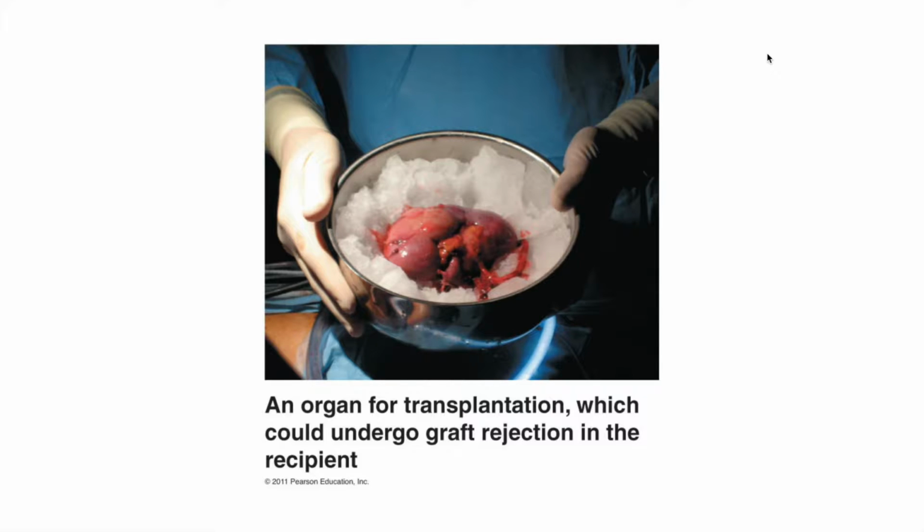Basically, even though your body needs a kidney, your immune system will recognize this transplanted kidney as foreign and destroy it. So if you get an organ transplant, they give you immunosuppressive drugs, and that will reduce the sensitivity of the immune system.